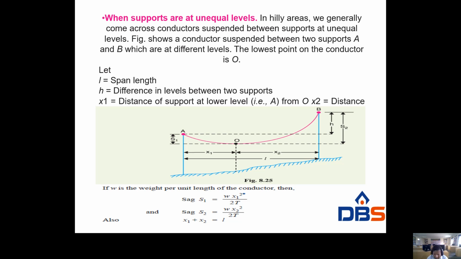Next case, when supports are at unequal levels, the poles are not equal. If the poles are equal, we have already derived the sag formula, S is equal to wL square by 8T. Now coming to the second case, when supports are at unequal levels, B is higher than A, or otherwise A is higher than B. That means both are at unequal levels.